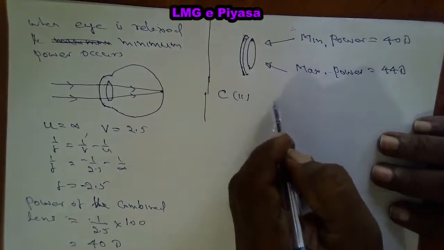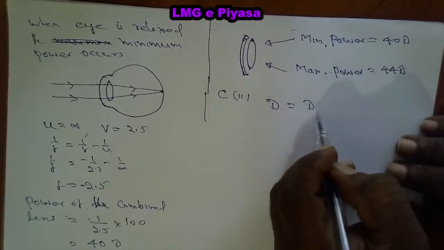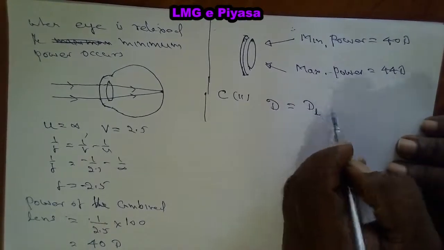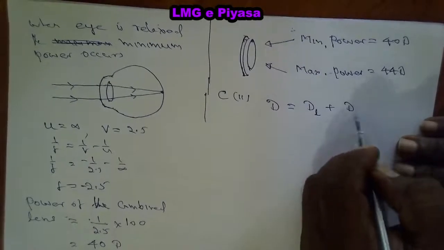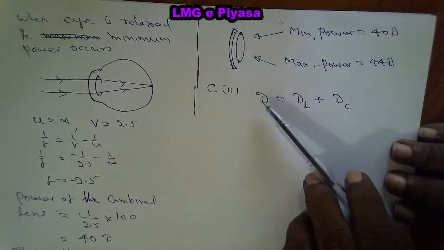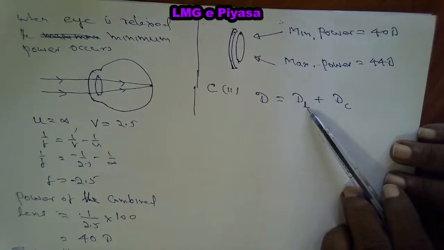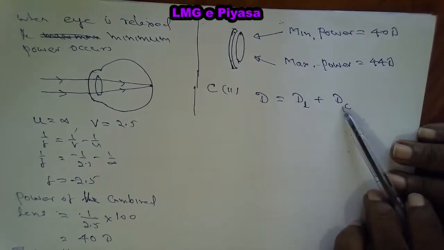Then D equals D lens plus D cornea. The power of the combined lens equals the power of the lens and the power of the cornea, the sum of these two.